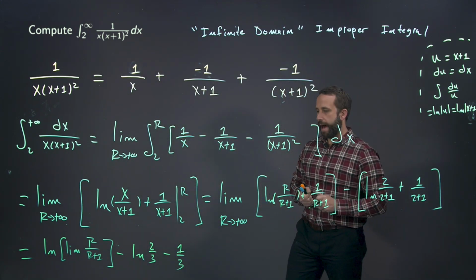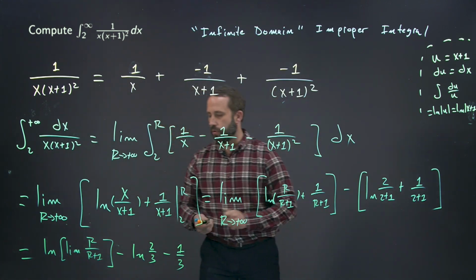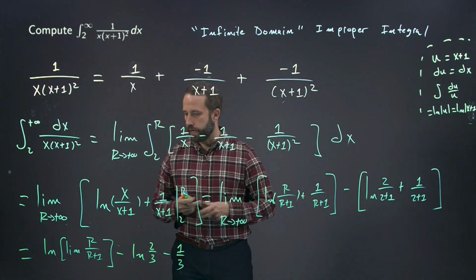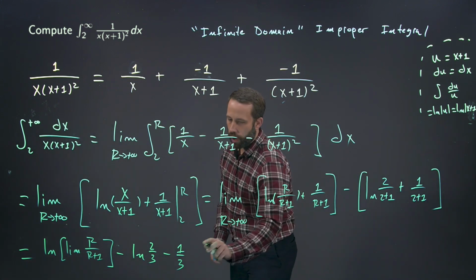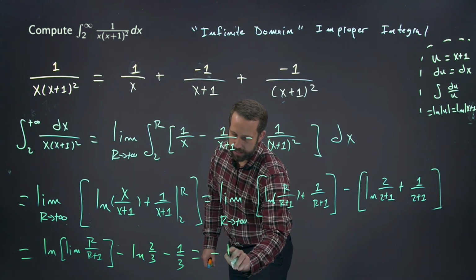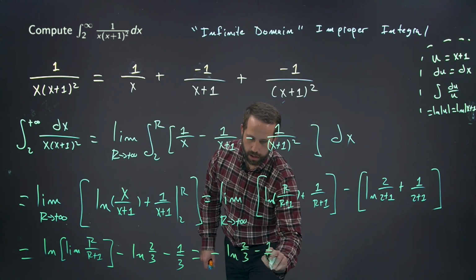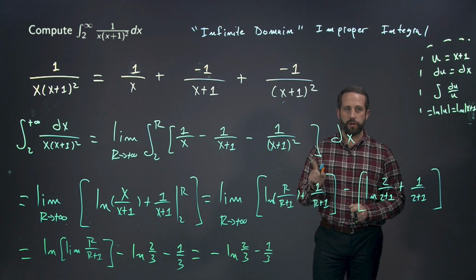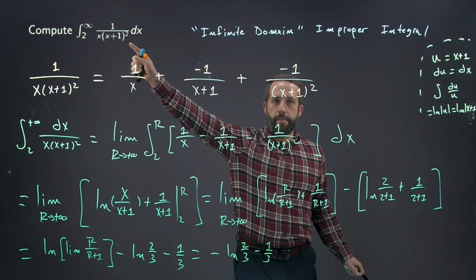Okay, now what happens to this limit? This limit is going to be equal to 1. As r goes to infinity, r over r plus 1 goes to 1. So this is going to be the natural log of 1, which is 0. So this is equal to minus the natural log of 2/3 minus 1/3. Now you might be a little concerned because we have minus signs here, but we're integrating a positive function.